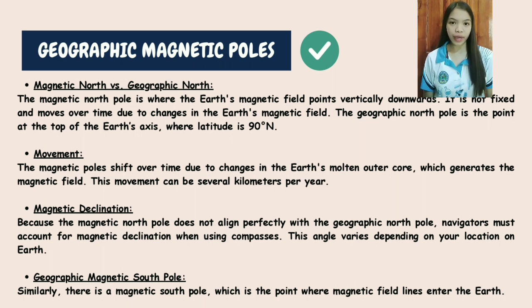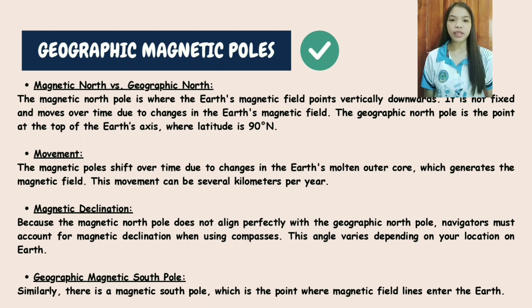So for the movement, the magnetic poles shift over time due to changes in the Earth's molten outer core, which generates the magnetic field. This movement can be several kilometers per year. And for the magnetic declination, because the magnetic north pole does not align perfectly with the geographic north pole, navigators must account for magnetic declination when using compasses.